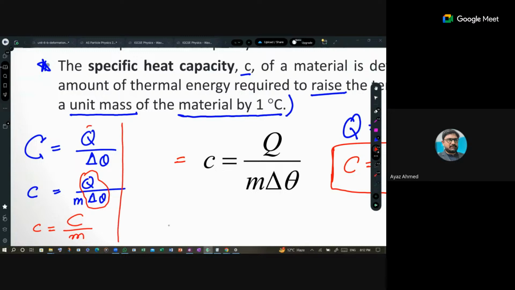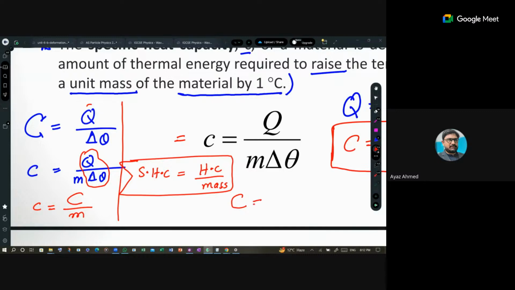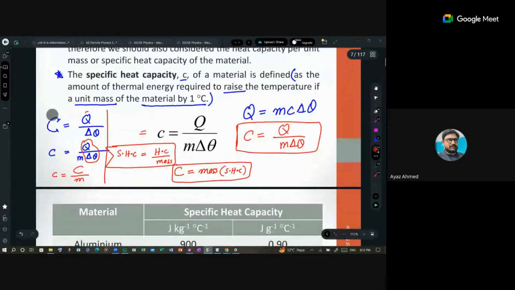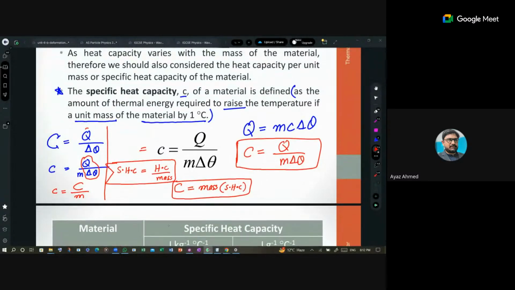So specific heat capacity is equal to heat capacity divided by mass. If you have the heat capacity of a substance and its mass, you can calculate specific heat capacity, or you can say heat capacity is equal to mass times specific heat capacity. These are two relations you have to remember between heat capacity and specific heat capacity. Mass is multiplied by specific heat capacity to calculate heat capacity. Is it clear?